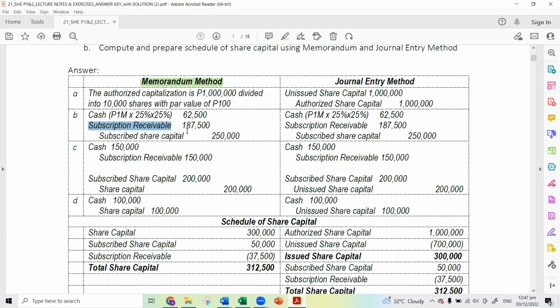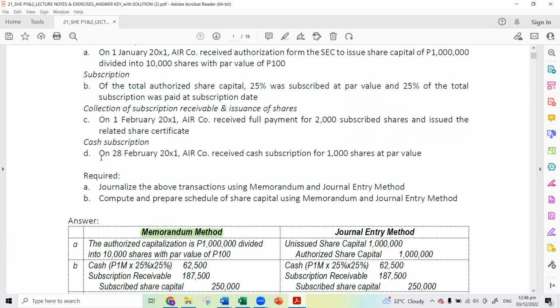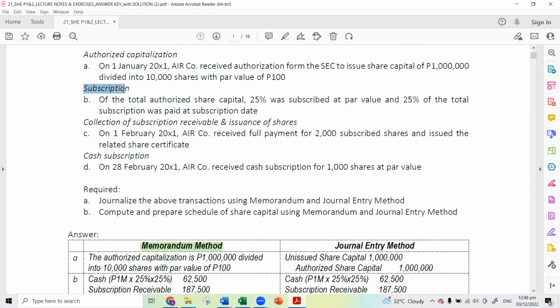The unpaid portion of the subscription price, and the subscription receivable is presented as a deduction to your subscribed share capital, meaning this is a contra equity account. Pag sinabi naman nating subscribed share capital, okay, this represents the portion of the authorized share capital that is subscribed but not yet issued. Ingat ka dun, ha? Subscribed but not yet issued. Okay? So that is the concept related to this subscription.